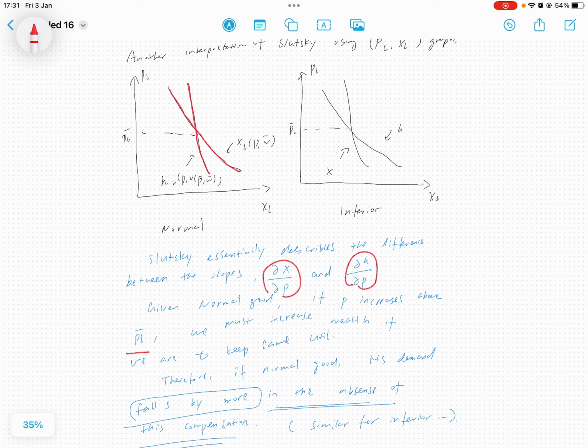Therefore, because this is a normal good, its demand should fall by more in the absence of this compensation.